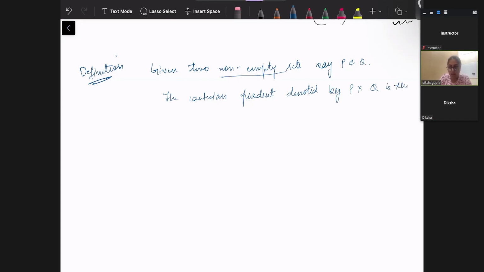Now a set has to have some elements, right? So now we are defining what P cross Q contains.